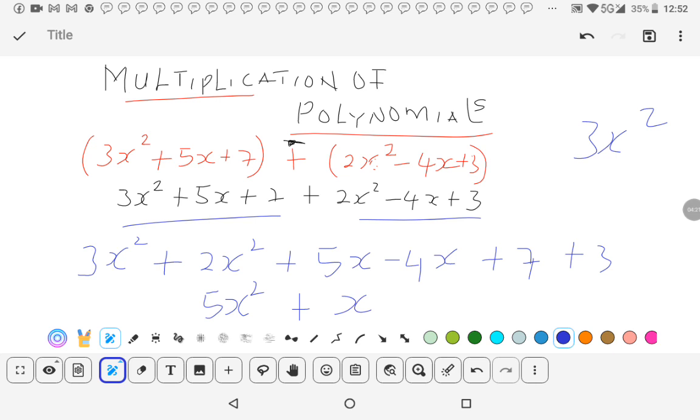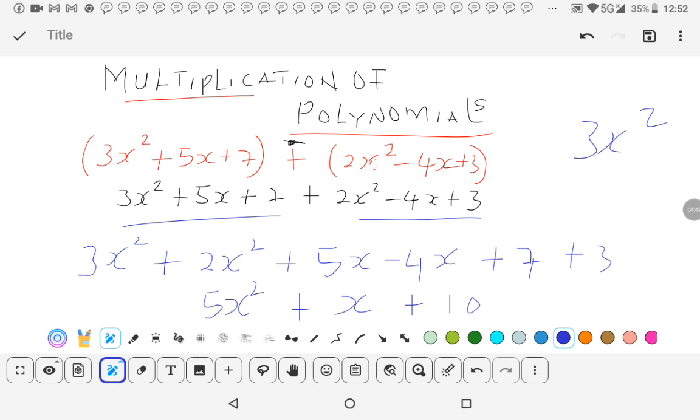Then we now have 7 plus 3, and that will give you 10. So this is how you add two polynomials. This is just a quick recap of what we did in our last lesson.